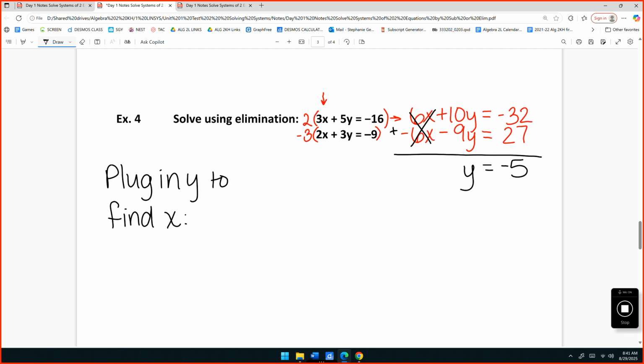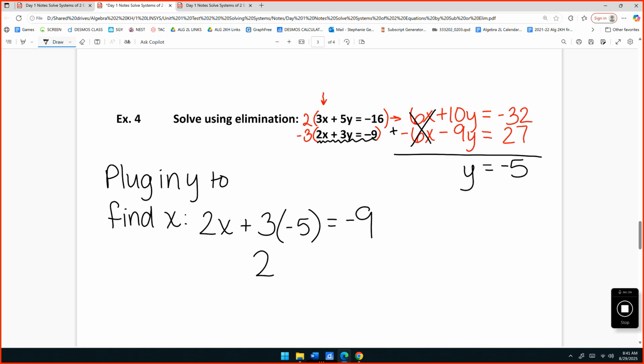All right, now I have 4 different equations I could choose from. I could choose the original, one of the originals, or one of the ones that I multiplied. But let's find the smaller numbers. Maybe this one? Okay. So 2x plus 3y, and y is negative 5, equals negative 9. So it's negative 15.